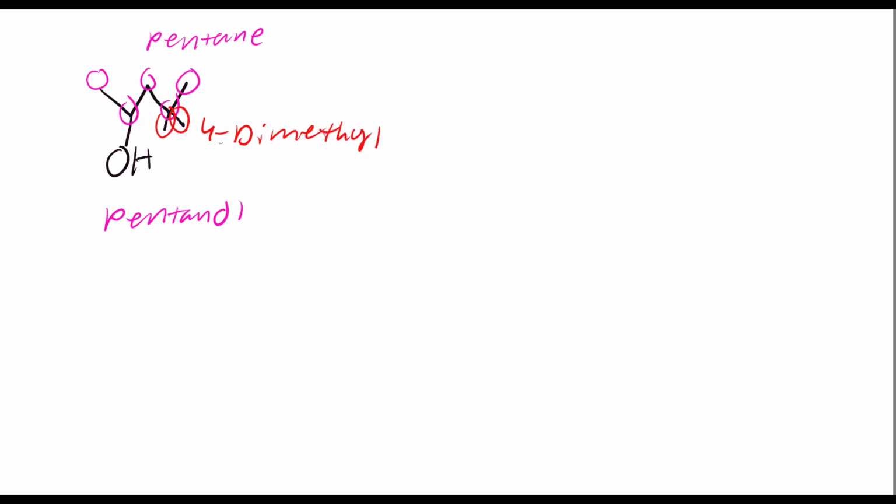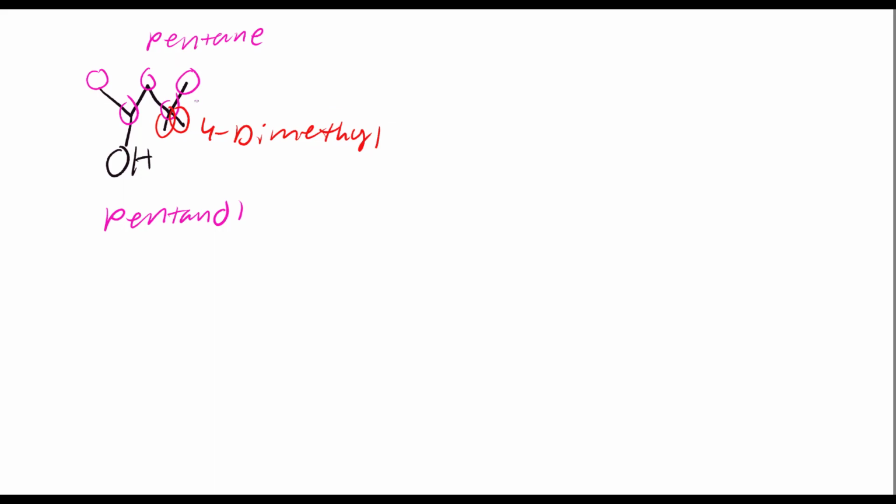Of course, you don't use the di when you're alphabetizing. You actually use the M, right? So you use the M instead of counting. So di or tri, tetra, that doesn't count. What counts is the child name. So it'd be like M or B for butyl, right?